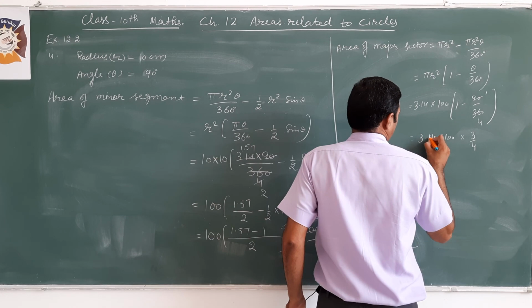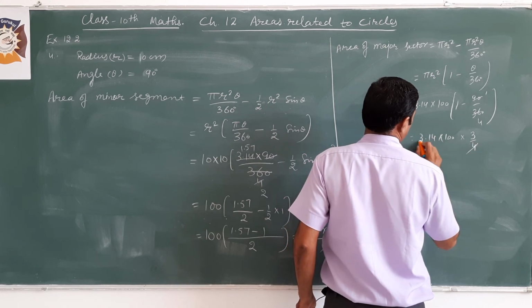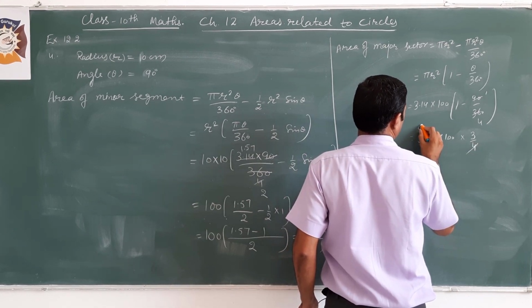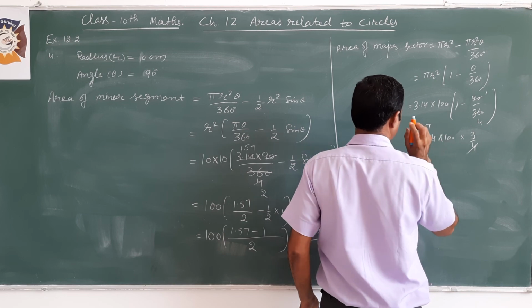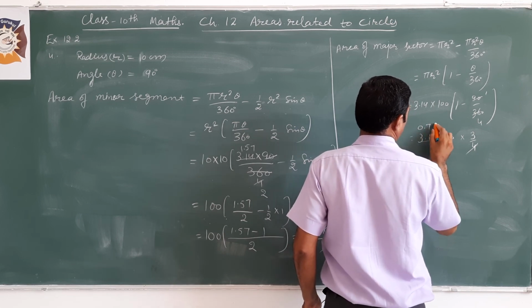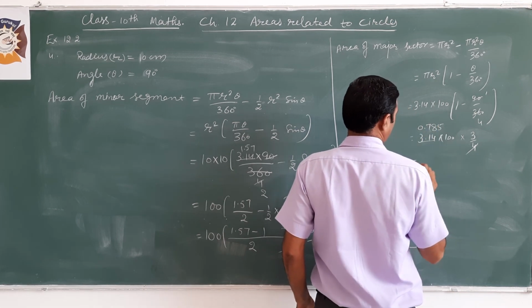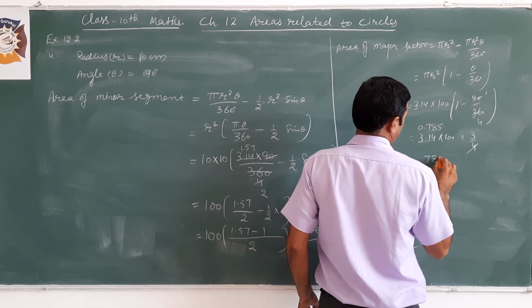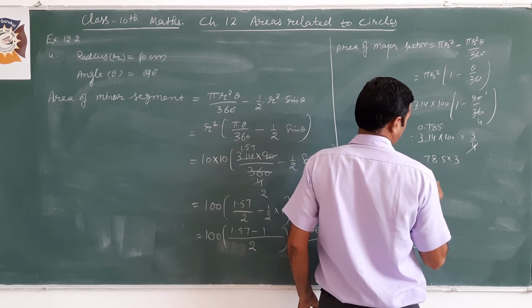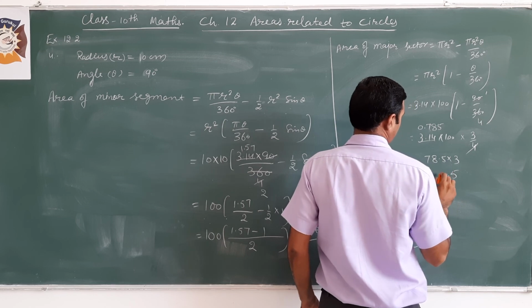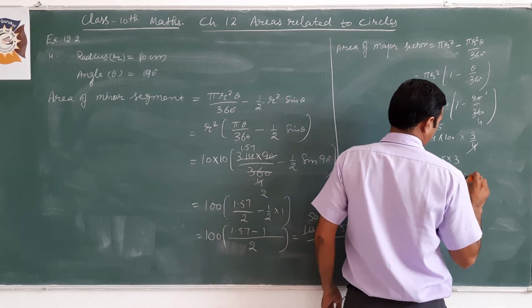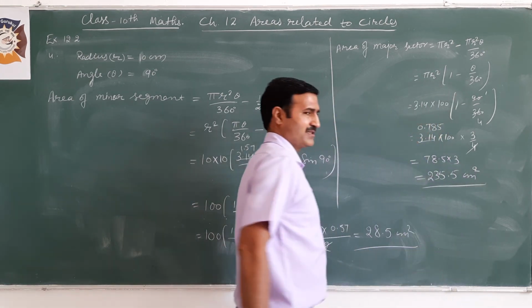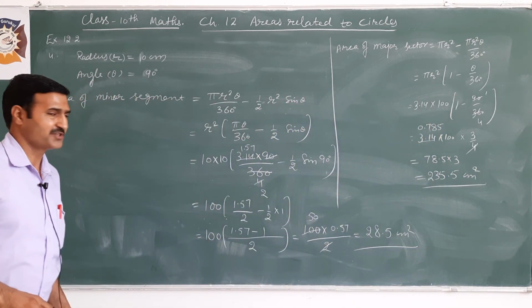On dividing, 78.5 into 3, 235.5 square centimeter. So this is the area of the corresponding major sector.